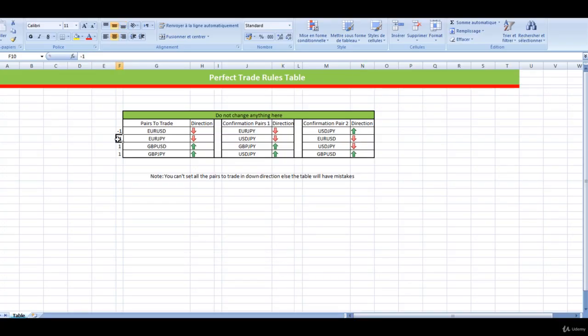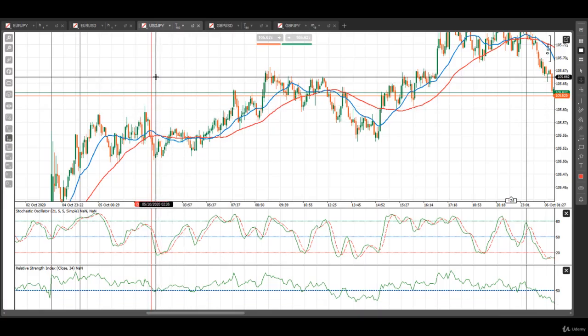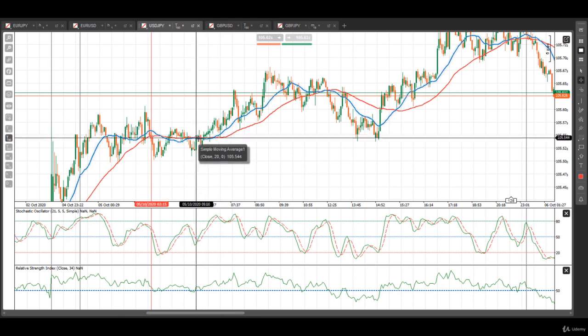For example, we want to trade Euro Yen. We must confirm that the USD JPY is trending up and the Euro USD is trending up, which is what we have here at the same day.